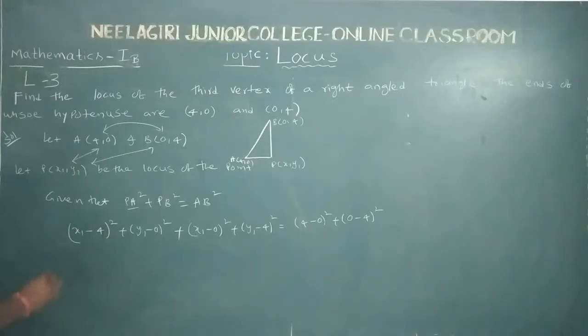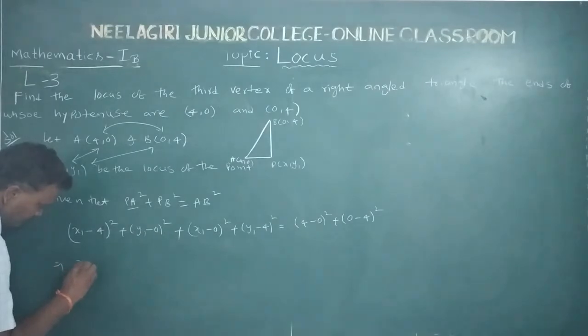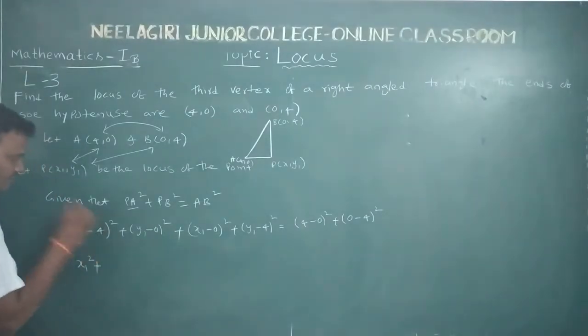This is in the form of (a minus b) whole square. What is the formula for (a minus b) whole square? It is a square plus b square minus 2ab. Here a is equal to x1, b is equal to 4.